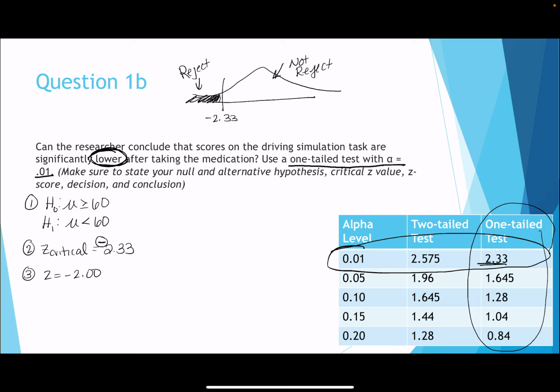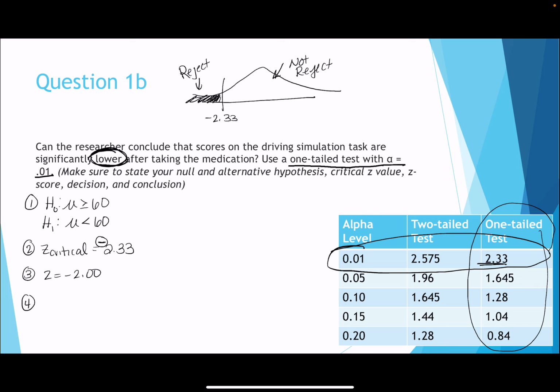So changing from a two-tailed to a one-tailed test and changing your alpha level is not going to change your z-score, because all your values stay the same as far as plugging them into that z-score formula. It just changes your critical value, and it changes your null hypothesis.